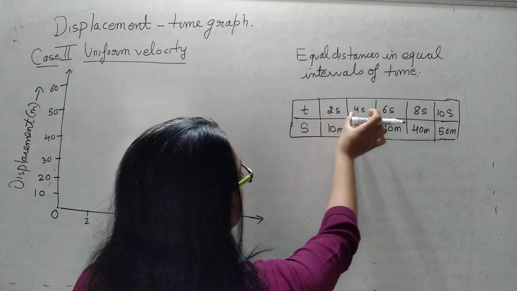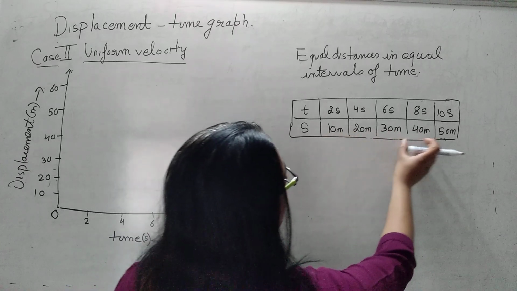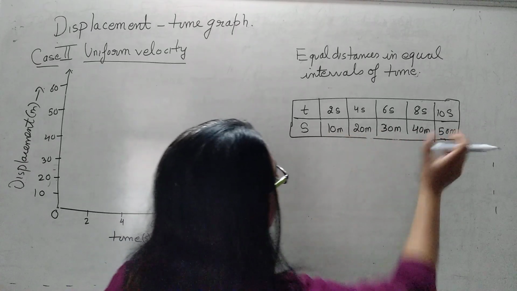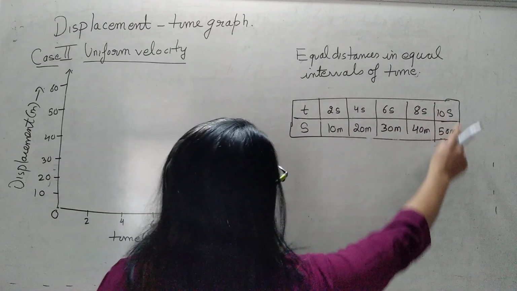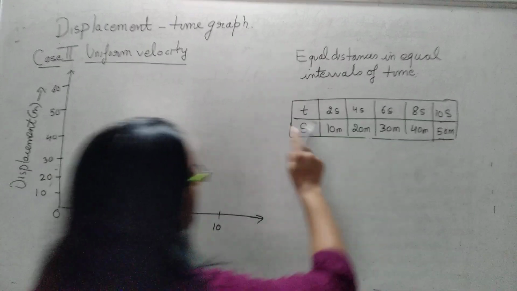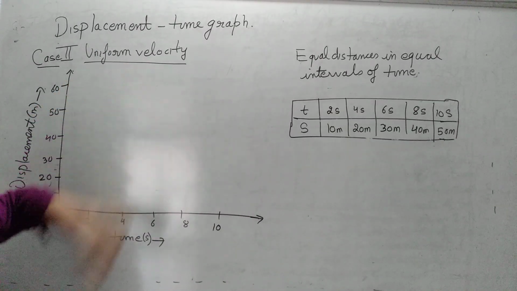Means equal interval में यहाँ पर difference 2 seconds का है और distance भी equally travel किया है, difference is of 10 meter. When the body is covering the distances like this in these intervals of time, then we say that the body is moving with uniform velocity.